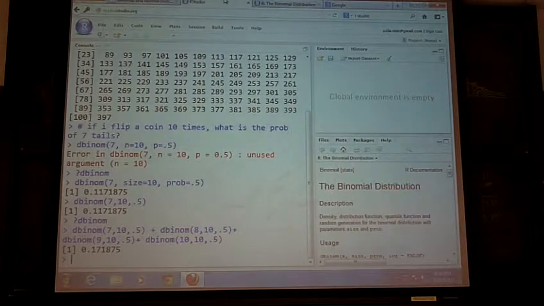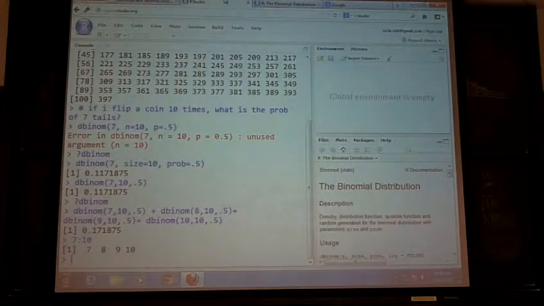So again, I told you R can handle multiple numbers and things like that. So if you use the colon key, okay, this 7 colon 10 represents the numbers 7 through 10. Okay, so if I do 7 colon 10, it returns back 4 numbers, 7, 8, 9, 10.